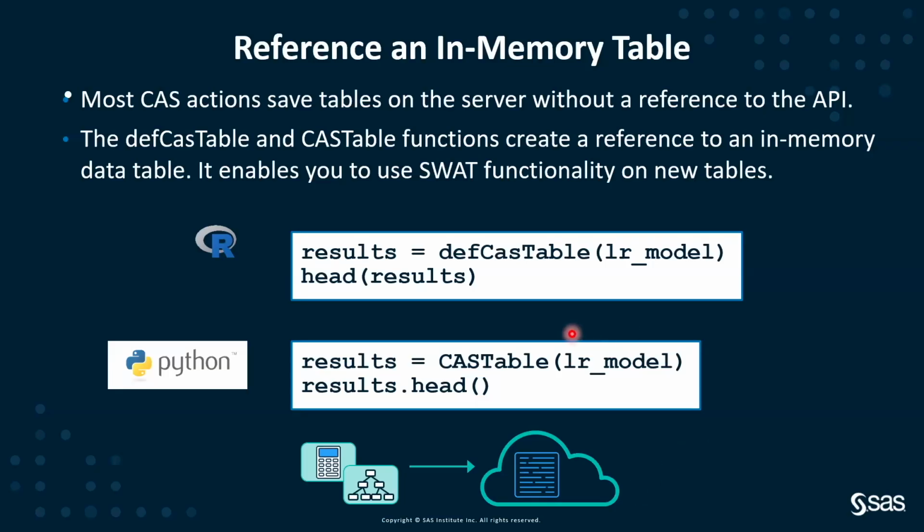For example, if you want to create references to the table, say there's a linear model, and you want to say def cache table and pass it on as the results, you can then apply the head function onto the table lying in memory, or the head function in Python. So the cache table must be referred to by an object name in case you want to use SWOT functionality.